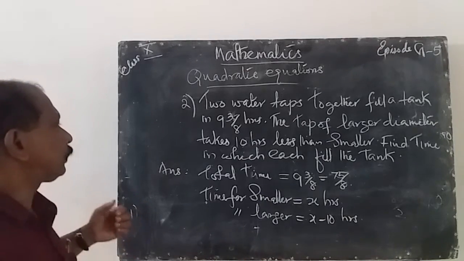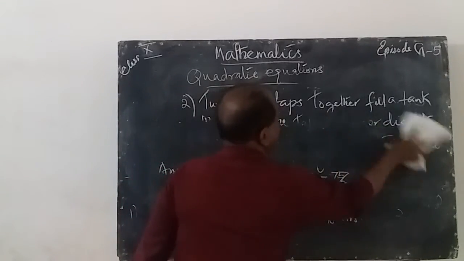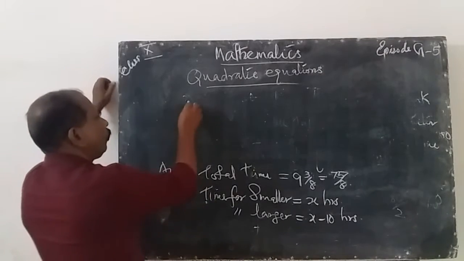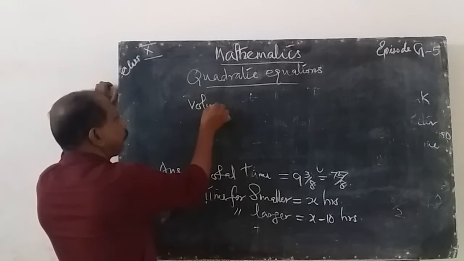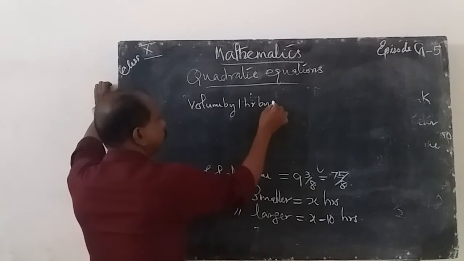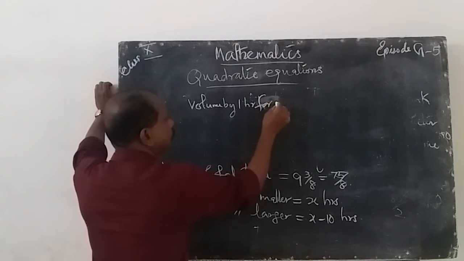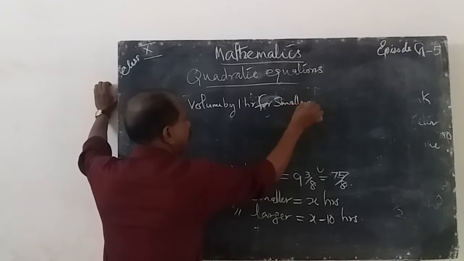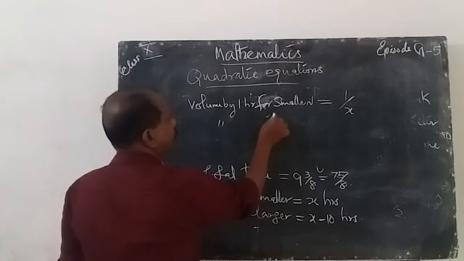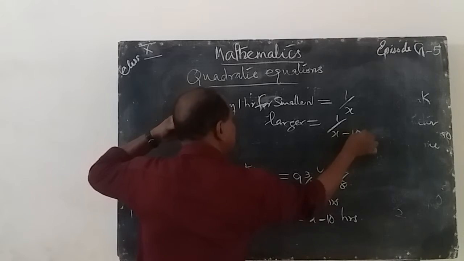Then the volume filled in 1 hour by the smaller is equal to 1 by x, and that of the larger is equal to 1 by x minus 10.